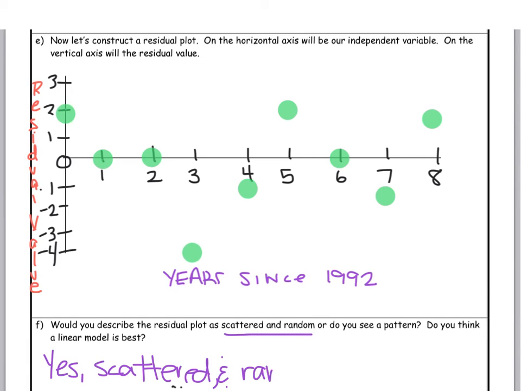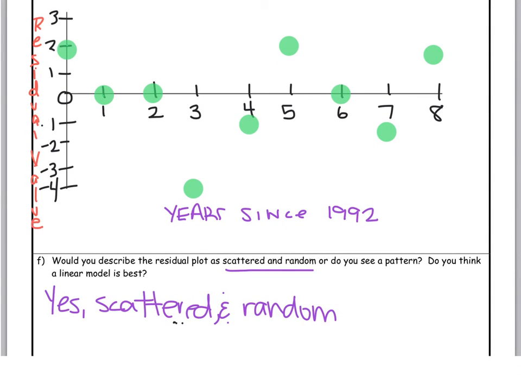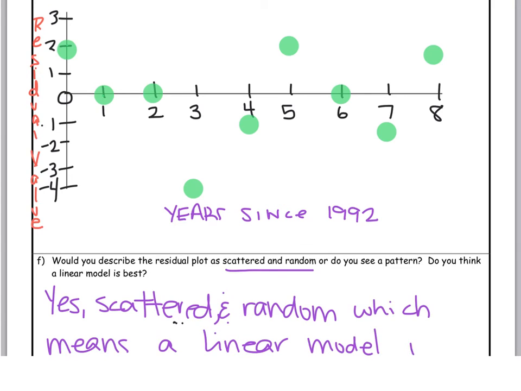which means that a linear model is best, meaning our line of best fit works. And that is evident in our R value.